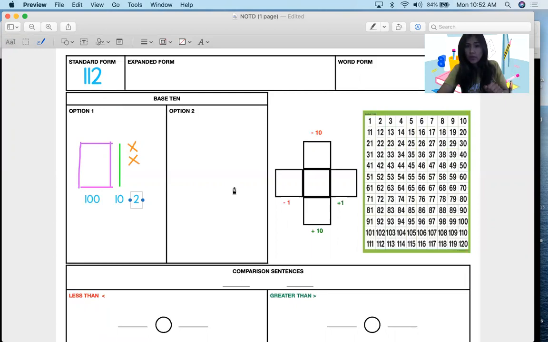Now your job, boys and girls, is to finish the rest of the number of the day portions. Write your number in expanded form. Remember, include the values. In word form. Now here you're going to place the number 112 in the middle, and you're going to represent the number that is 1 greater, 1 less, 10 greater, and 10 less.